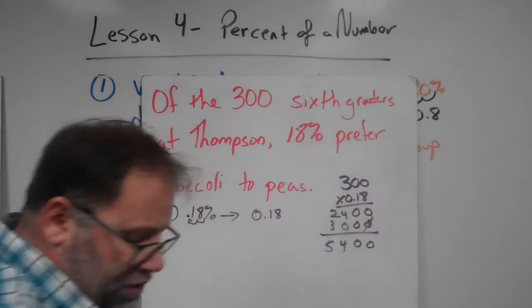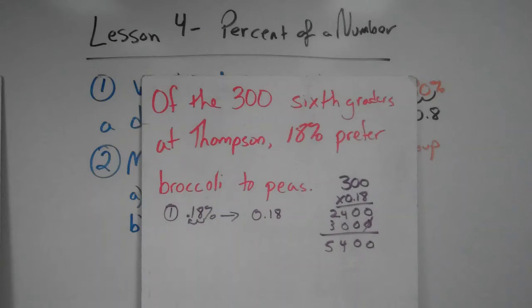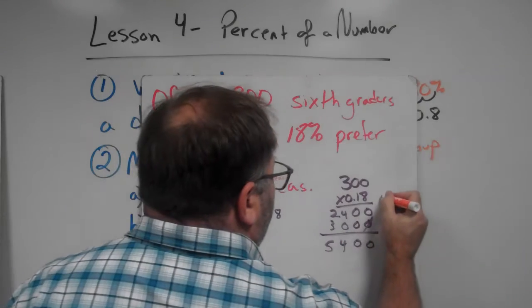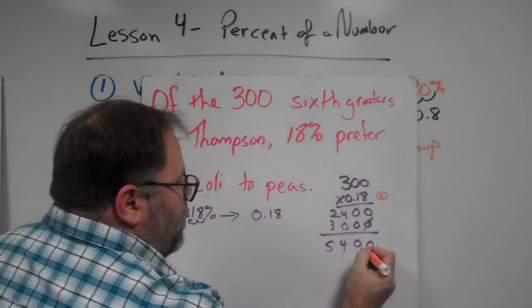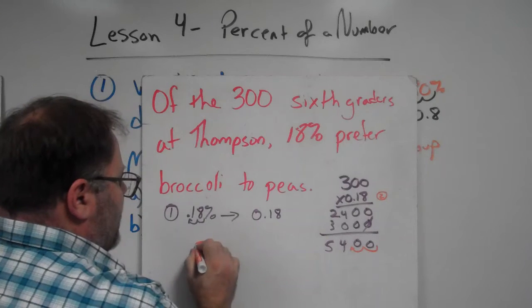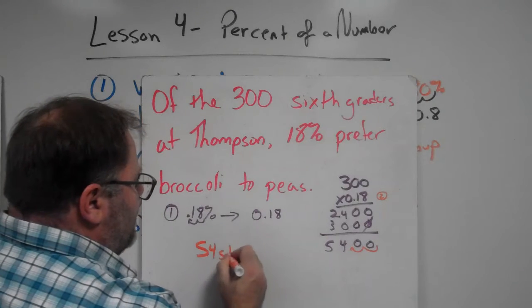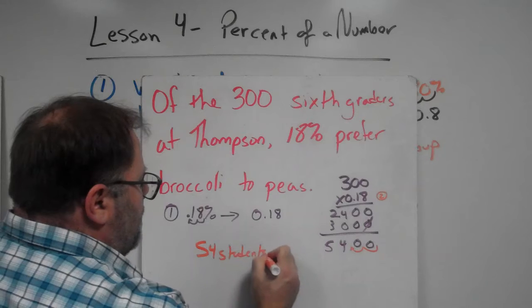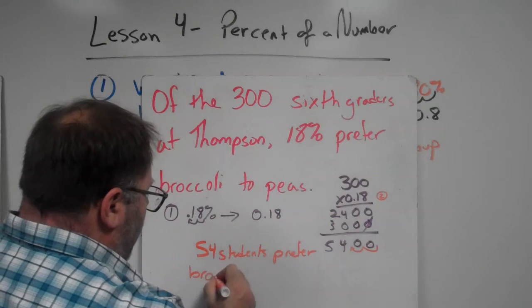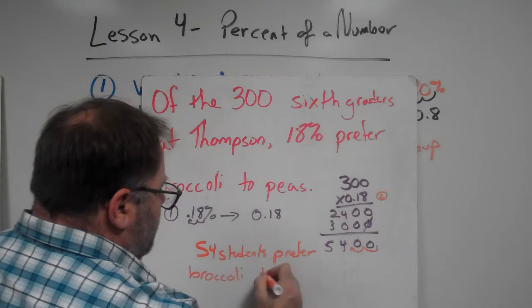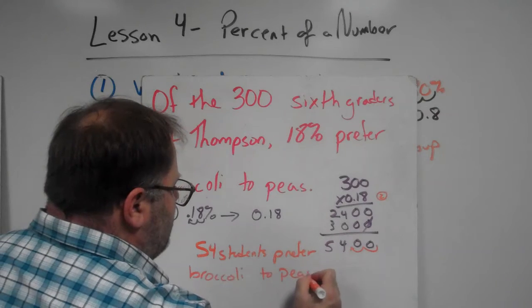Yeah, there are 2 decimal places in that problem. So I've got to move this 1, 2 here at the end, so we can say 54 students prefer broccoli to peas.